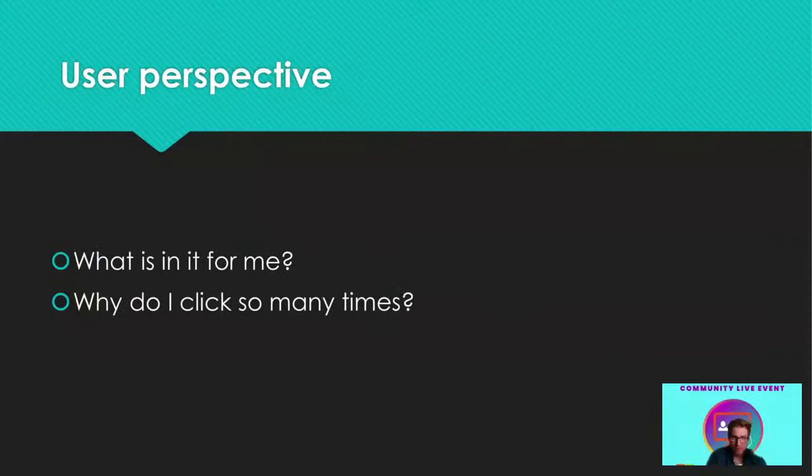So, user perspective. We need to respect our users and understand how they want to do their daily work. The first thing they're going to ask is what's in it for them. Every time they click yes or no, or match a number, they are already asking themselves, if they do it too many times, what's in it for them, because they don't necessarily understand that clicking so many times is making them more secure.